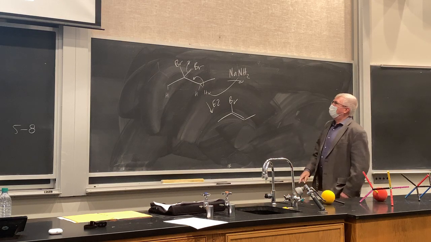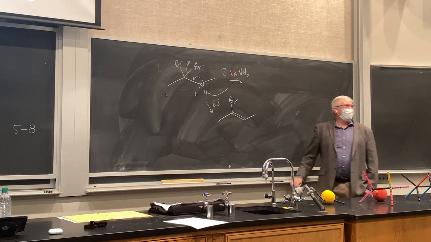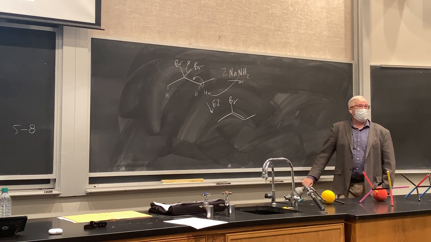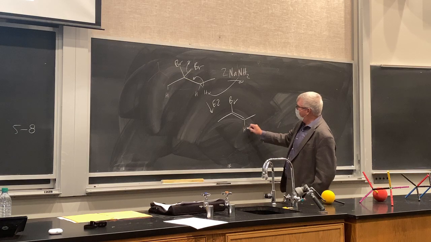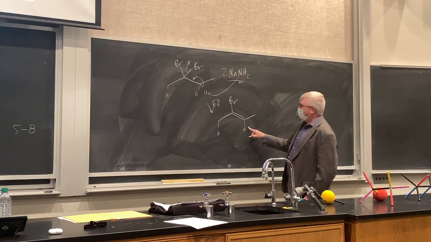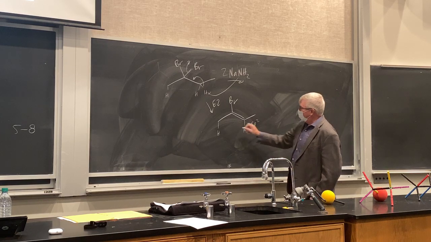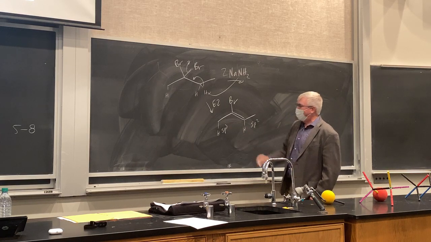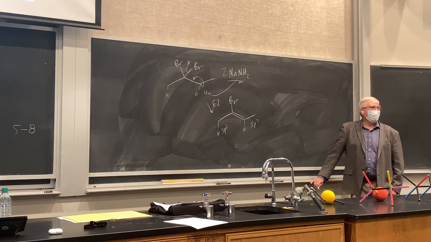Okay, that's indeed an E2 reaction. But we're using two equivalents here, or excess of the base. Why? Because we want to do another E2 elimination. Now we have a choice here, right? Hydrogen now is a different hybridization. This one's sp2? This one's sp3. We have a choice here.